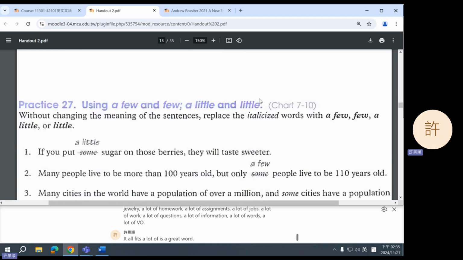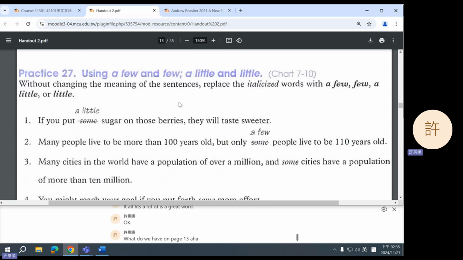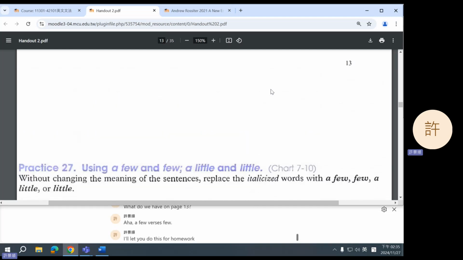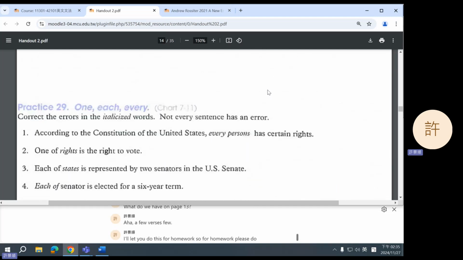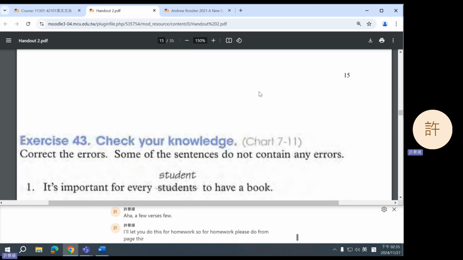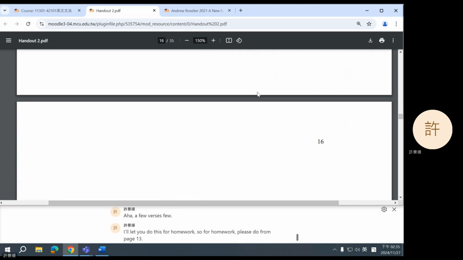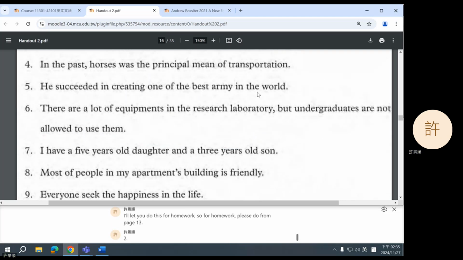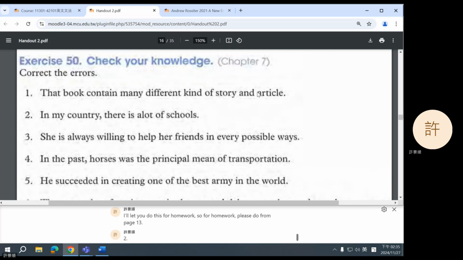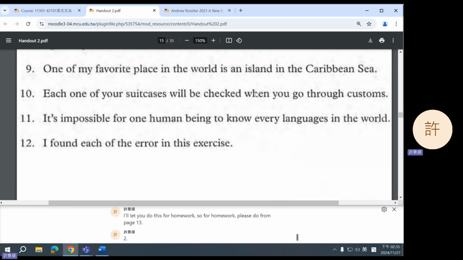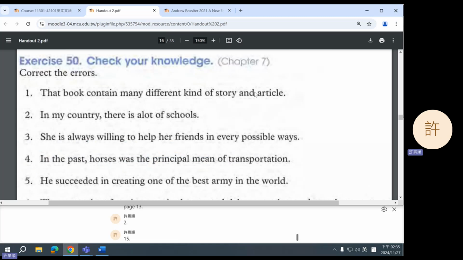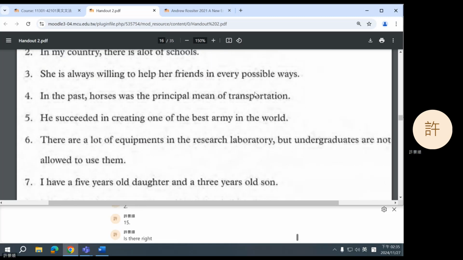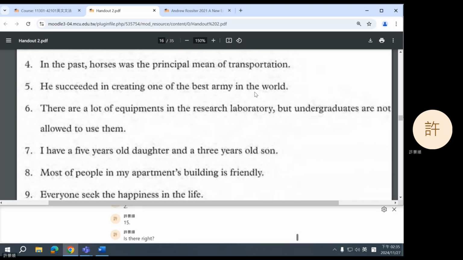Okay, what do we have on page 13? Aha, a few versus few. I'll let you do this for homework. So for homework, please do from page 13 to 15. Is that right? Hmm. I don't think that's right.